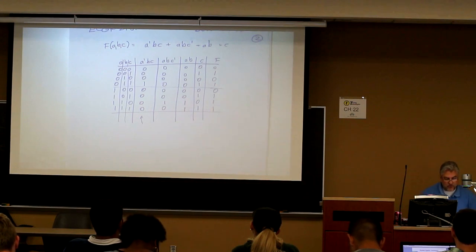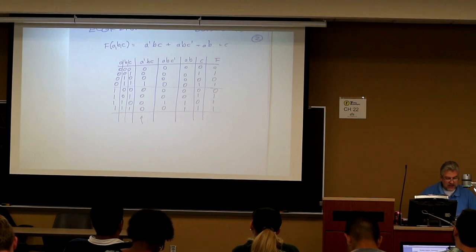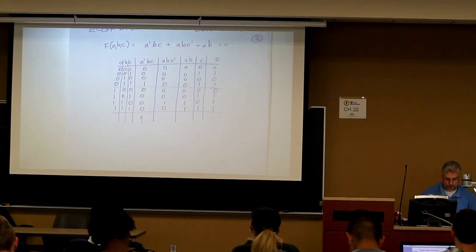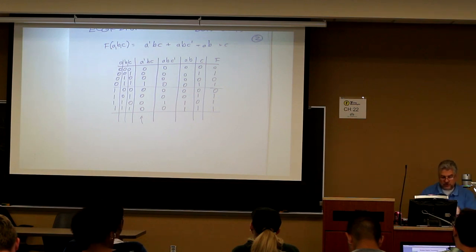Now, one thing I also want to point out is, are there any what seem like duplicates here? All right, so what would be a duplicate here? Just think about this.